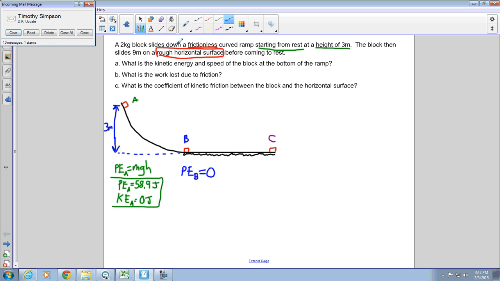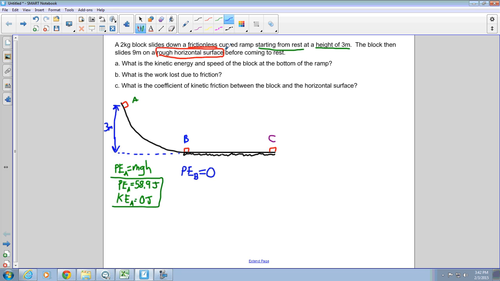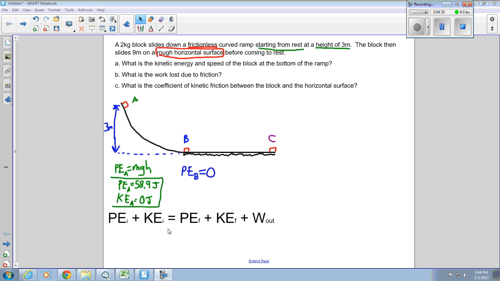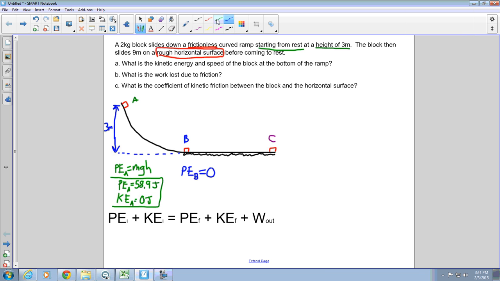And because this is a frictionless curved ramp, then this equation applies. And we can put in our energy equation, and that looks like this. So here's one of the variations of our energy equation, and we know there's no work out because there's no friction.